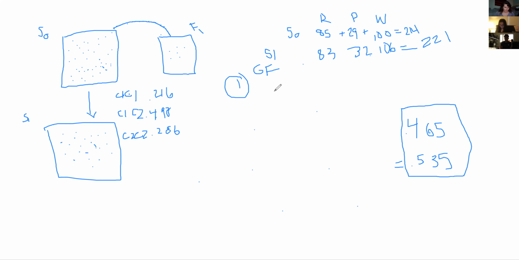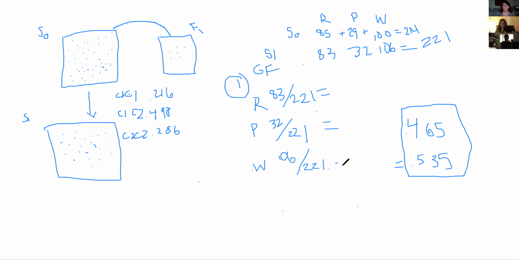So this is going to be 83 divided by 221 for the red-eyed flies, then for the pink flies, 32 over 221, and for the white flies, 106 over 221.